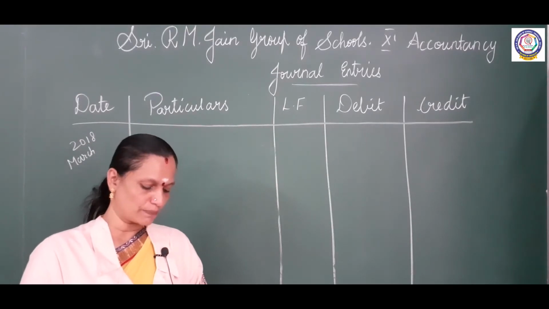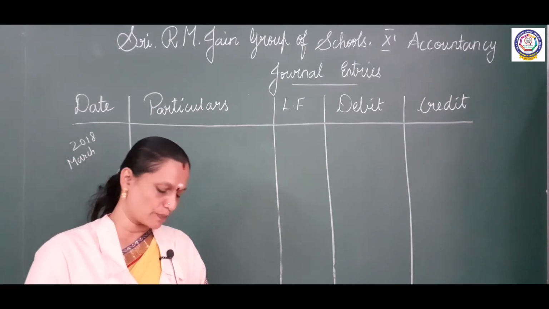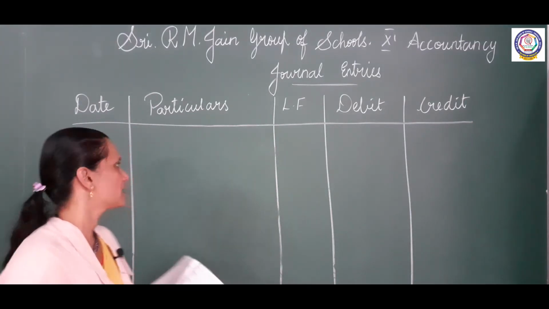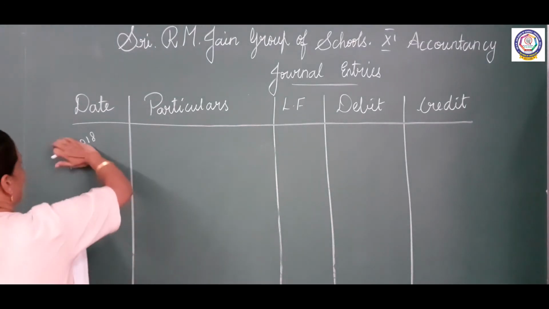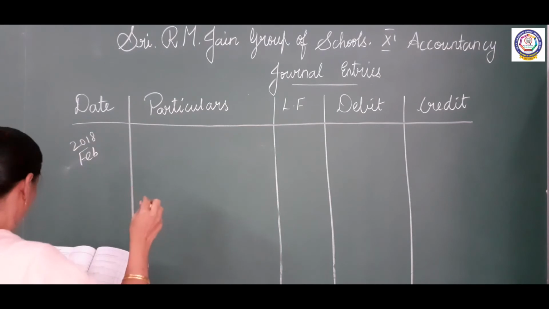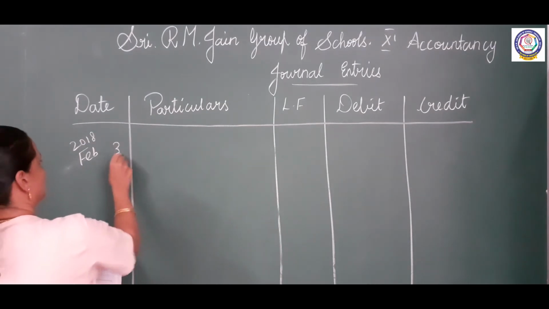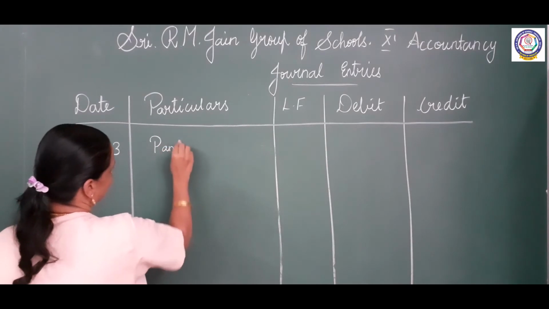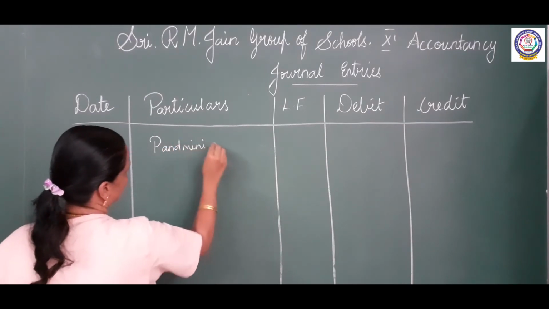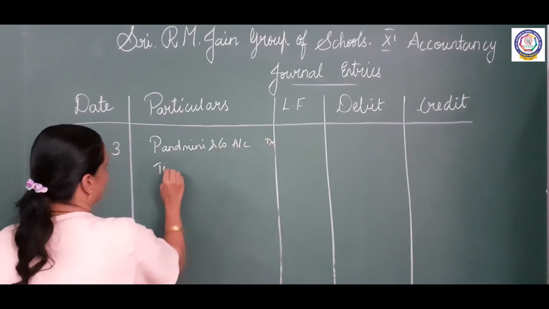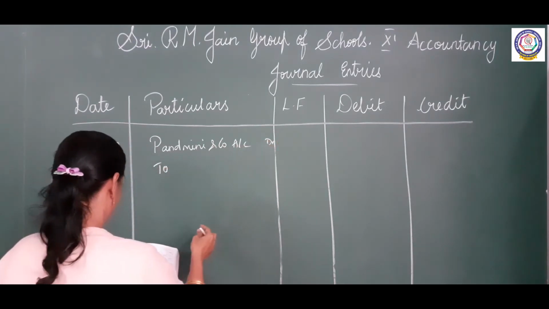See, A4 paper sold on credit to Padmini and Co., 60,000 rupees. Okay, it is sale, isn't it? It is a credit sale. So he is selling to Padmini and Co. So Padmini and Co. account debit to sales.